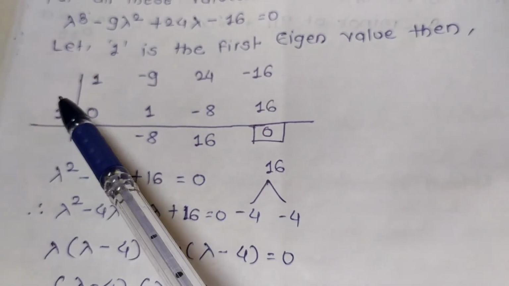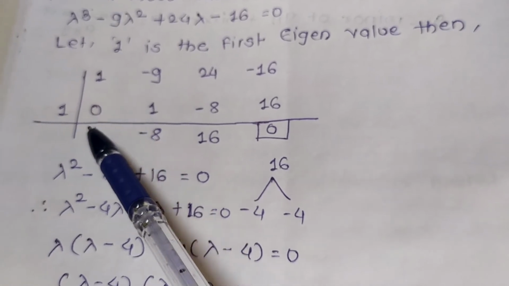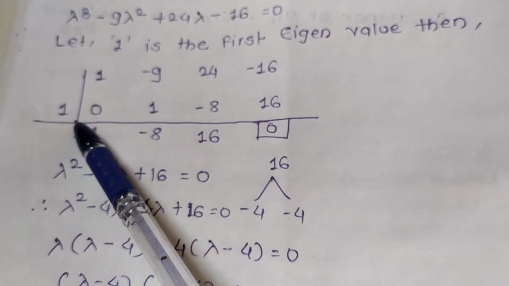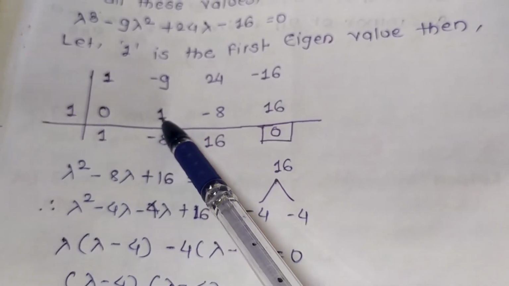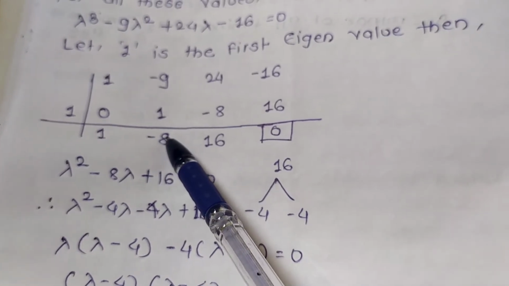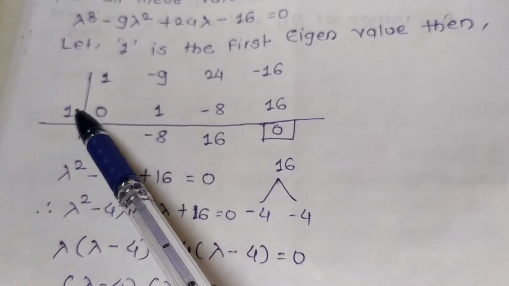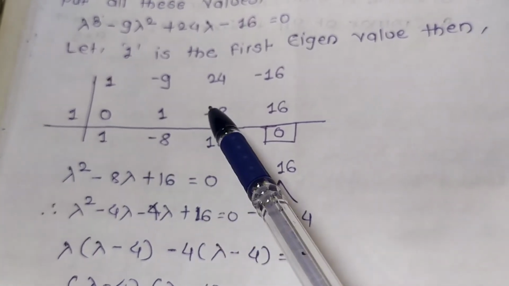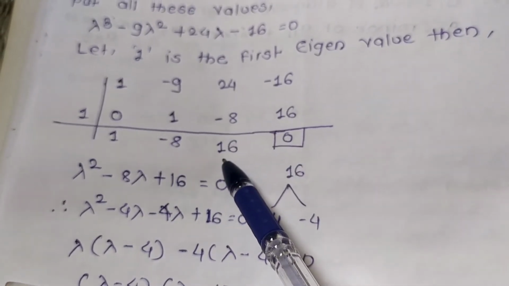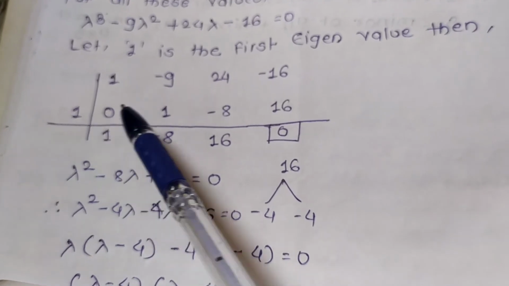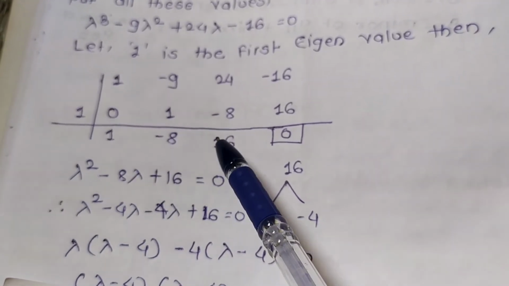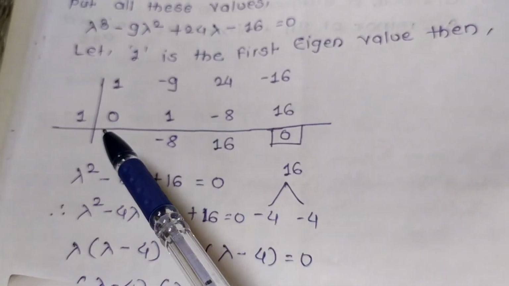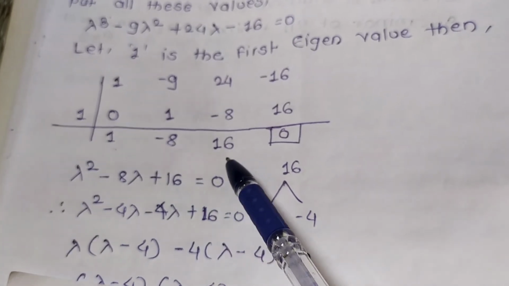Now take 0, 1 plus 0 is 1, 1 into 1, put this product here, again addition, we get minus 8, then 1 into minus 8, put its value here, again addition, we get 16, 1 into 16, put it here, again addition, we get 0. The equation is lambda square minus 8 lambda plus 16.